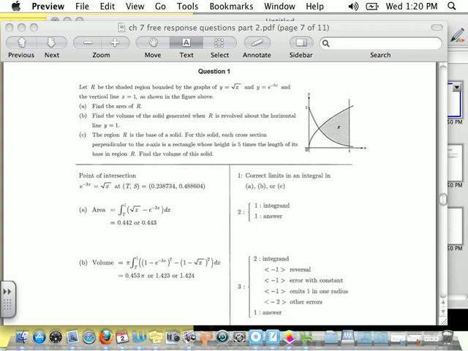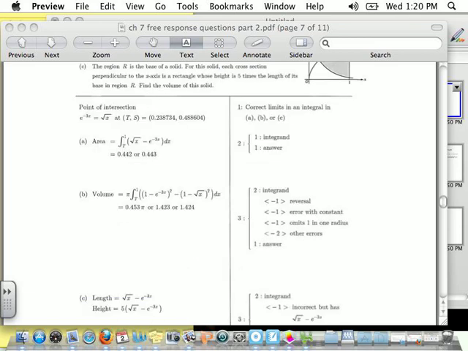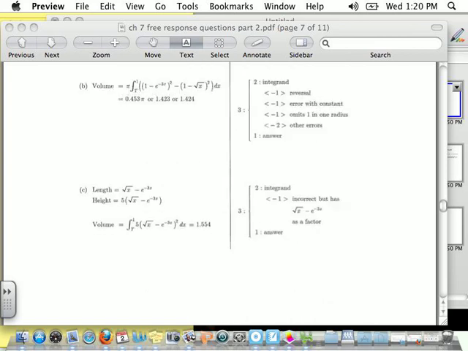For part A, you get 1 point for setting it up correctly, 1 point for your answer. We had that correct on both parts. Part B, you get 2 points for having the integral set up correctly, 1 point for your answer. And part C, 2 points for setup, 1 point for answer. We did get all of those points.